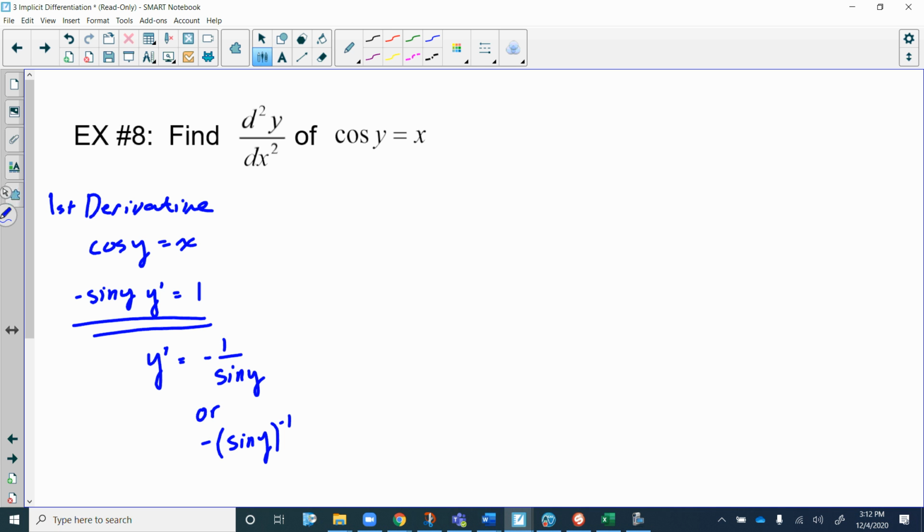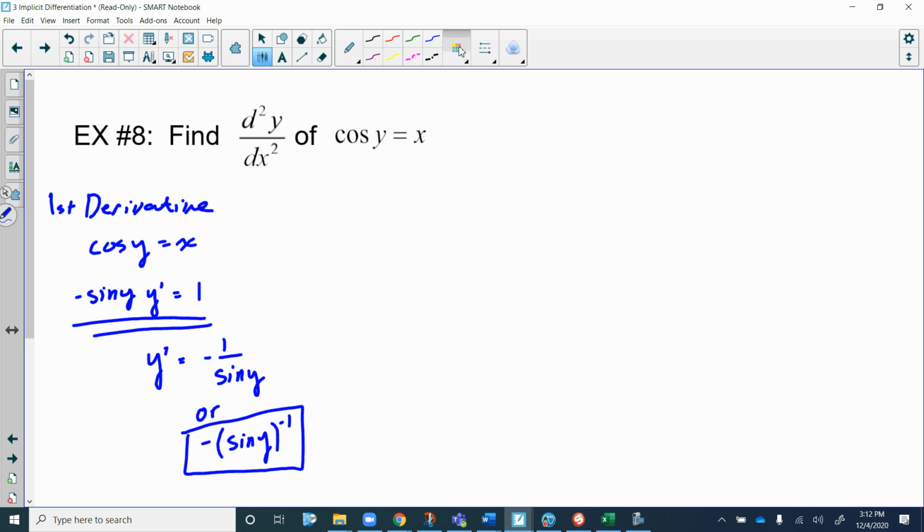And the reason why I go through that extra step is that the fact that it's not in fraction form is probably going to make it a little easier to do the second derivative of the function. So that's what we're going to be looking at here.